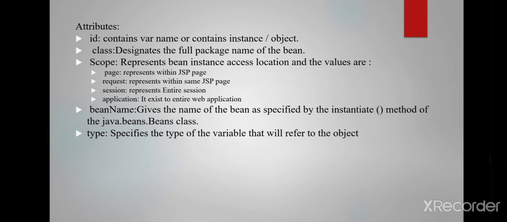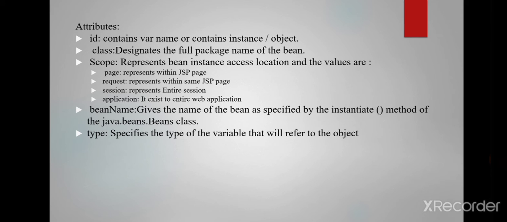Next, scope, it represents the bean instance access location and the values. The values are page, request, session and application. Page represents within the JSP page, and request represents within the same JSP page. Next, session represents the entire session, and application exists to the entire web application.